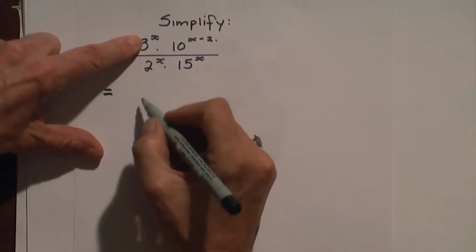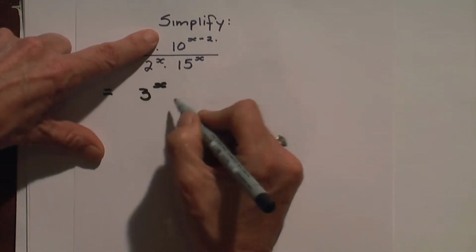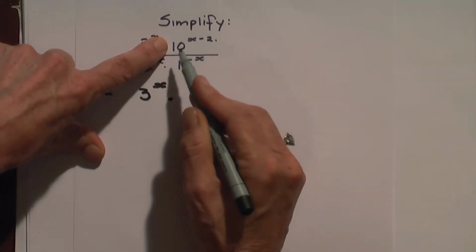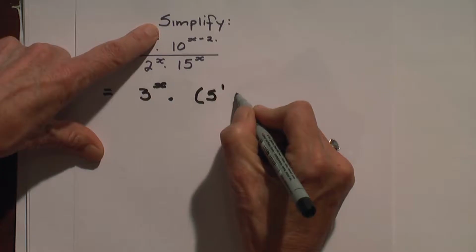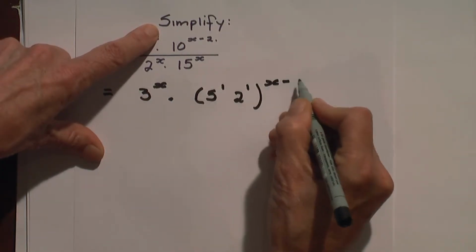And what have I got here? 3 I'm happy with. 3 to the x multiplied by. Now, what is 10? Prime factors. So I'm going to write it as 5 to the 1 times 2 to the 1, to the x minus 2.